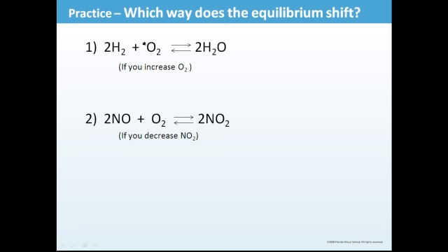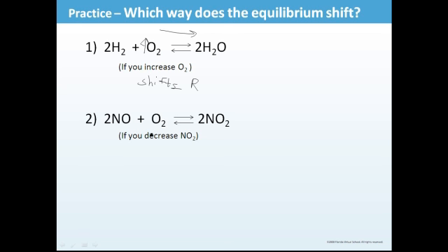If I am increasing the amount of oxygen, so oxygen goes up, I like to use arrows to put it in a picture form for myself, then that means it's got to shift away. So this is going to shift to the right. Again, if we increase concentration, it shifts away. Simple as that.